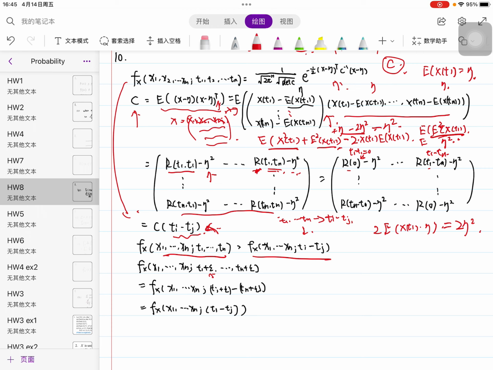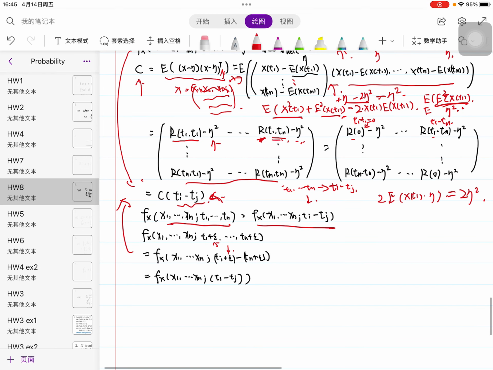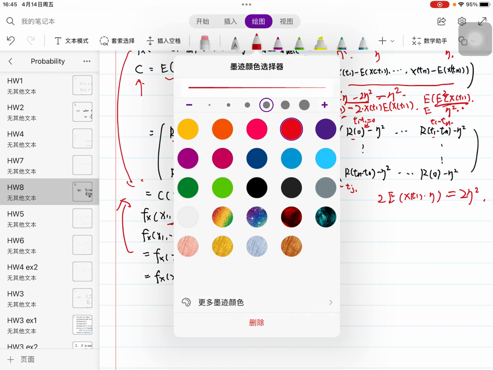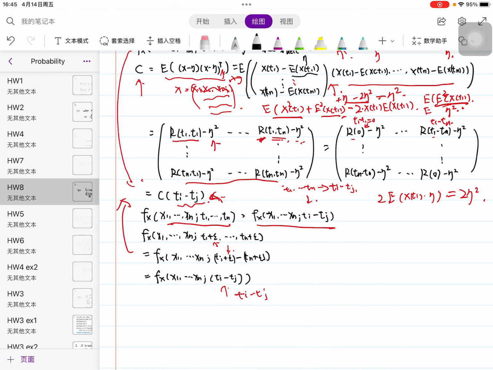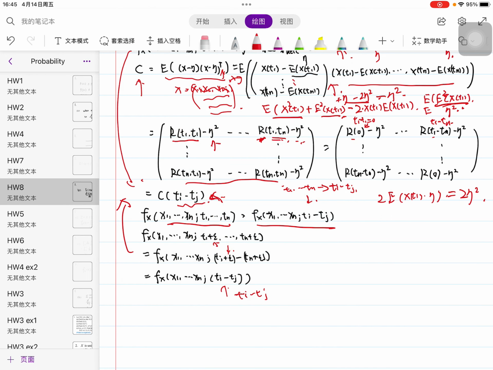Then from the previous step, we know that it equals ti minus tj, but at this time we have a time shift epsilon, and we subtract these two time shifts, which equals 0. So the result is still ti minus tj. That should be ti, and i is 1 here, and it equals this original expression, so we prove it is strict-sense stationary.